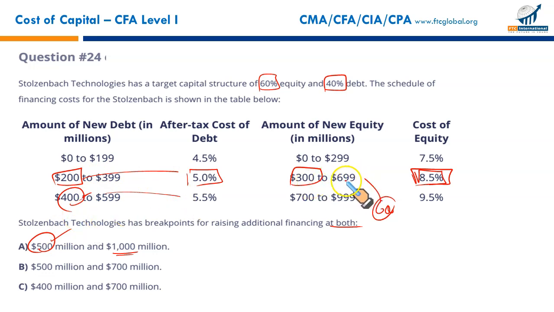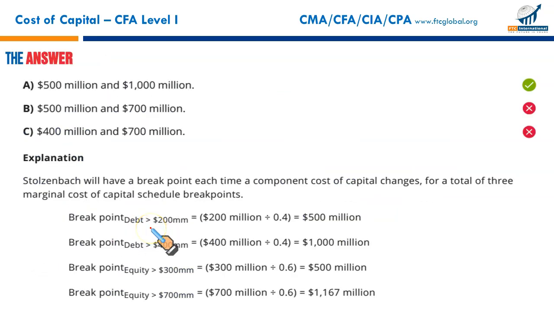Even though the equity has remained the same, 8.5 in the first part and 8.5 in the second one, since the debt has jumped at both points, 200 and 400, at both these financing needs, debt will cause the change in your weighted average cost of capital. So there are break points at both of these funding needs. A is the right answer.